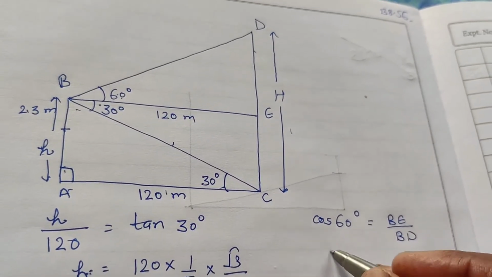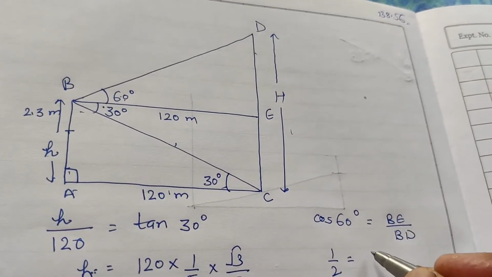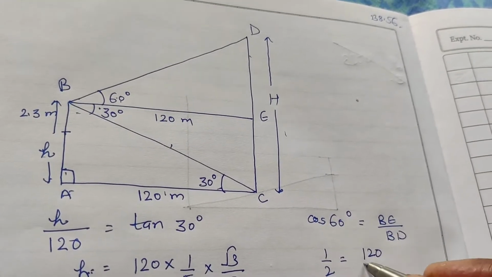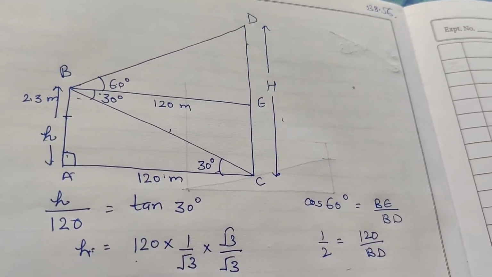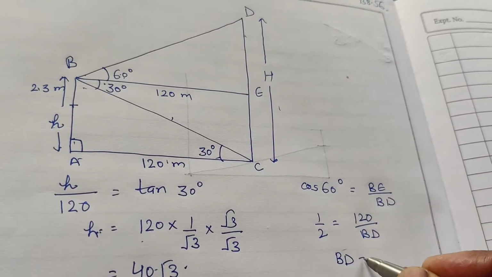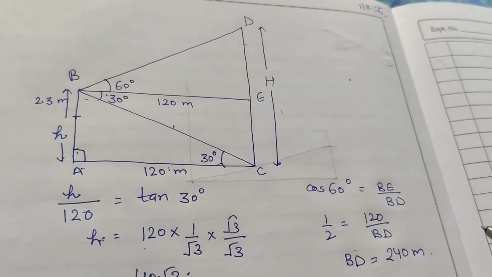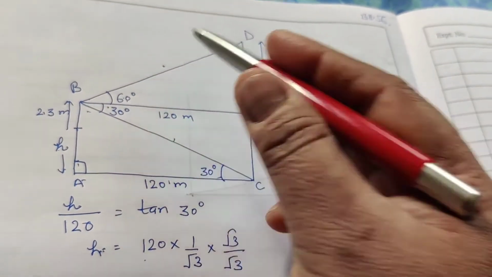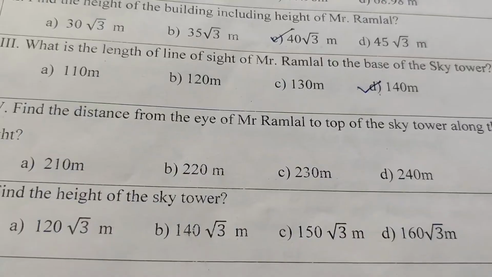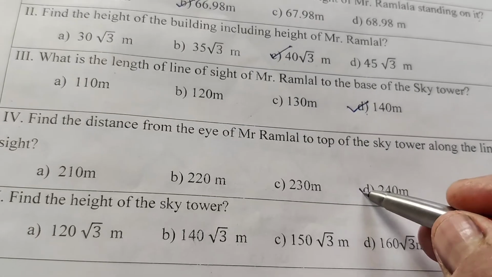Cos 60 degrees is 1 by 2 and BE equals 120, so BD means line of sight is 240 meters. This is the 240 meters.